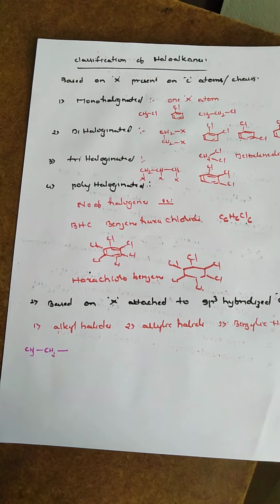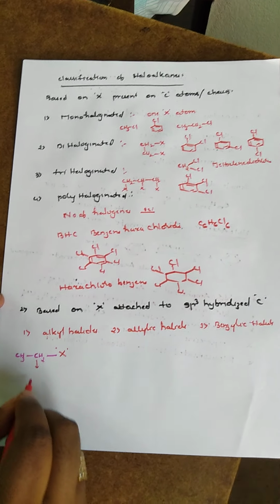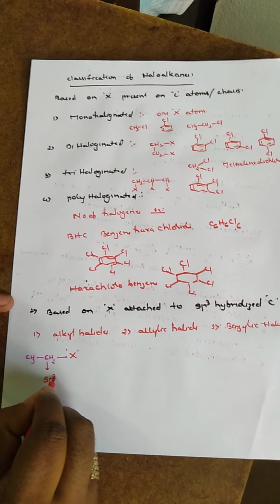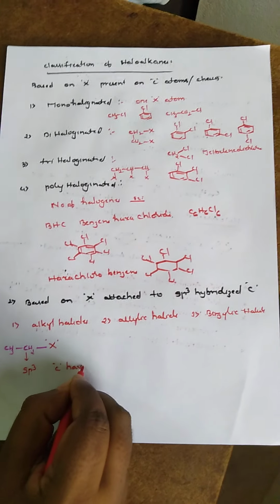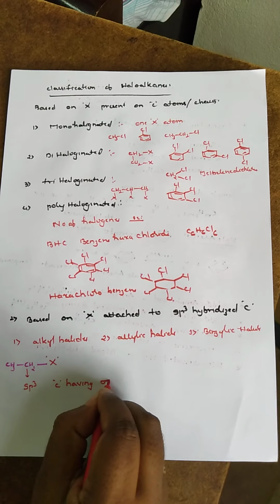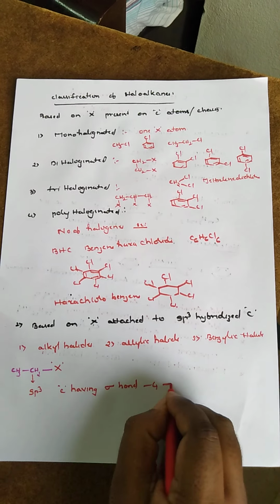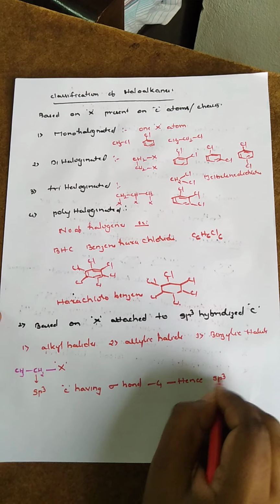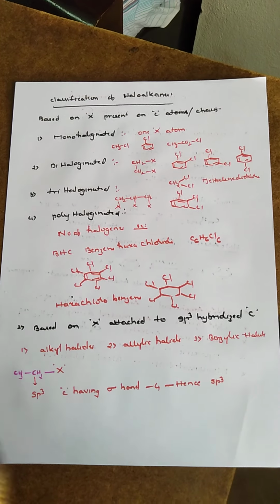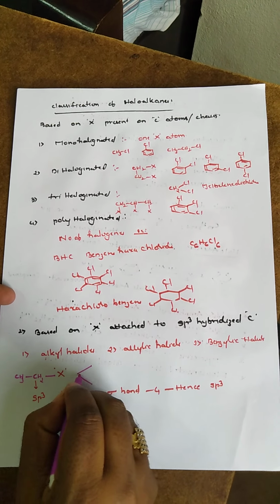For example, the halogen which is attached to this carbon, the hybridization is sp3. The carbon has four sigma bonds, hence the hybridization is sp3. These alkyl halides are further divided into three types.